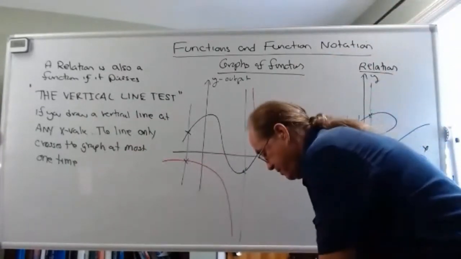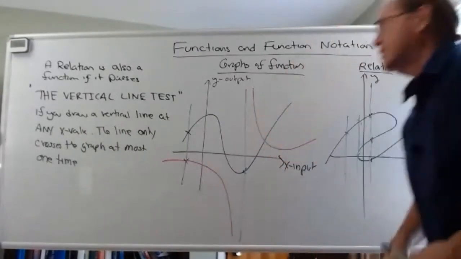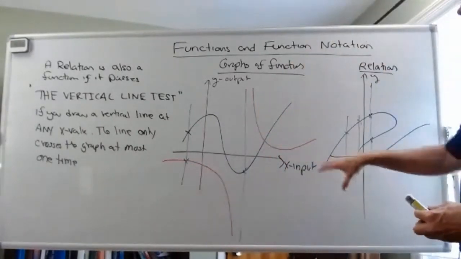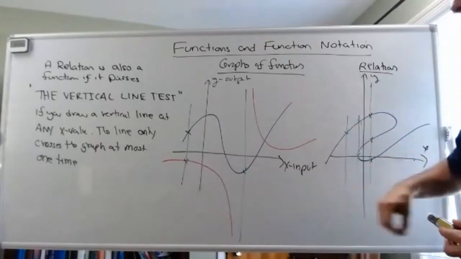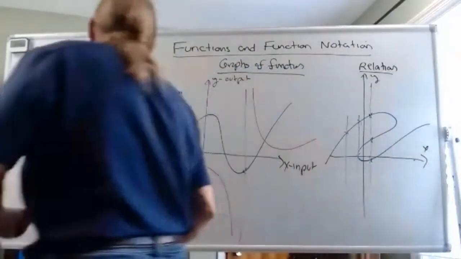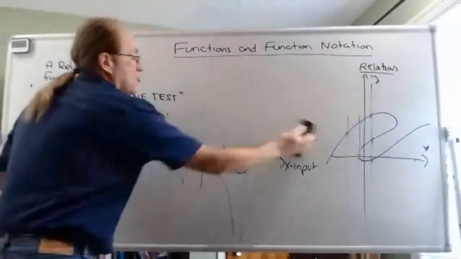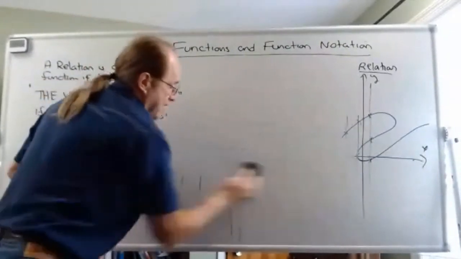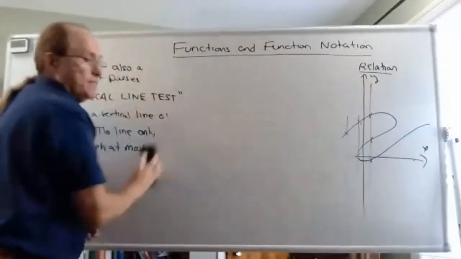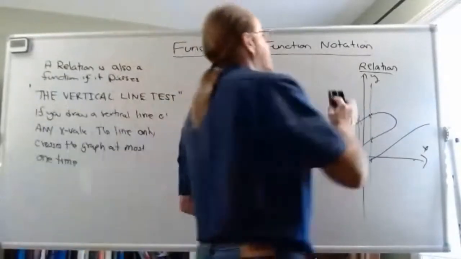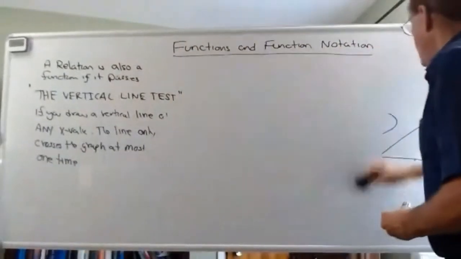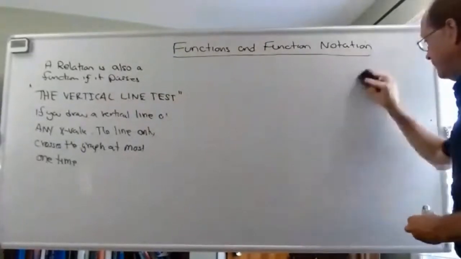Well, let's get a little more detailed now. Get down into the details of the x and the y's. This is where we get a little more mathematical. We're going to give special names to what we call the set of input values, the x coordinates, and the set of output values, or the y coordinates.